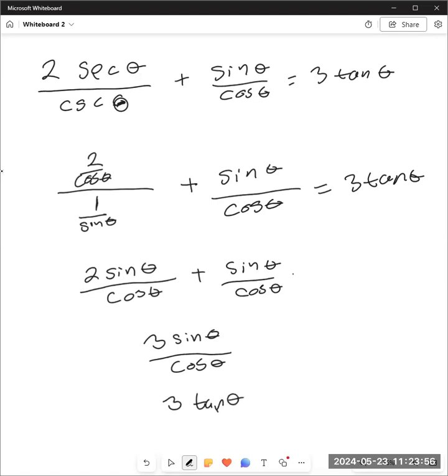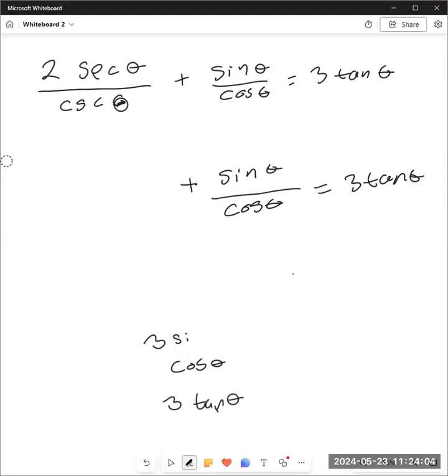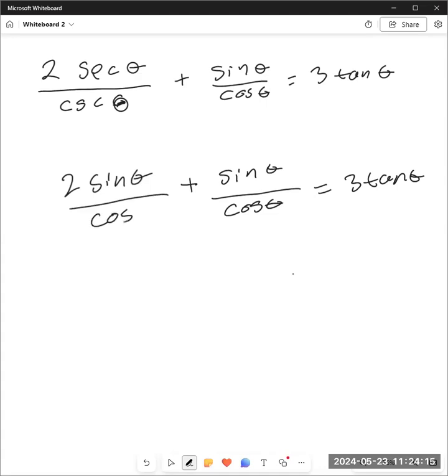Now, as I said, I would just have started off here and written, using my reciprocal identities, I would have taken cosecant across as sine and secant across as cosine, and I would have written this as 2 tan theta plus another tan theta using my quotient identities, and said that that's 3 tan theta.